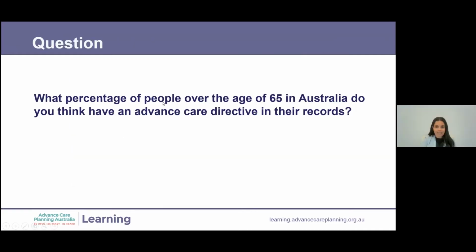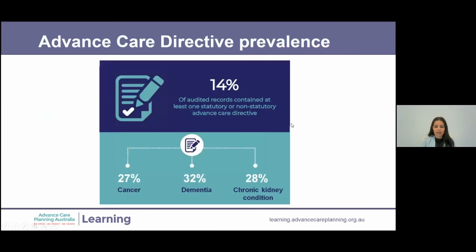So in 2019, Advance Care Planning Australia did a national prevalence study. We looked at 4,187 Australians aged over 65, so what we'd consider an older cohort, and only 14% had an advance care directive in their health record.